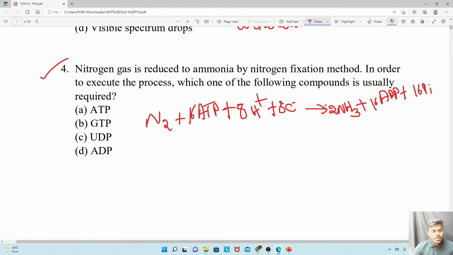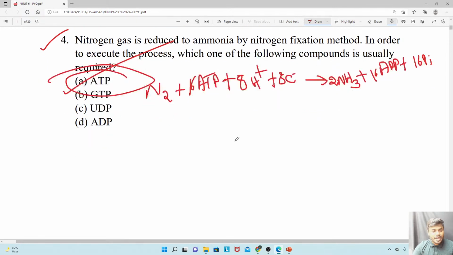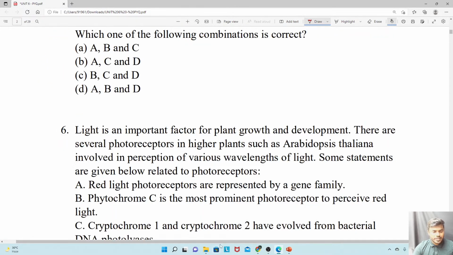We read this equation already. And I told you very clearly, nitrogen fixation is a highly energy consuming process. Obviously, they will use an abundant amount of ATP. Amazing. Good.